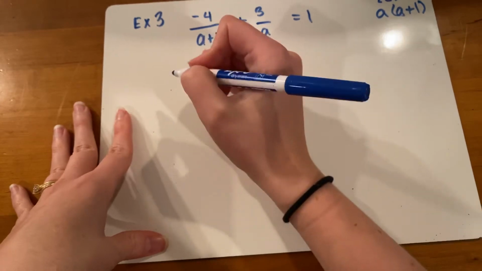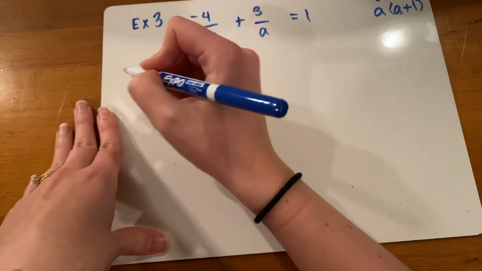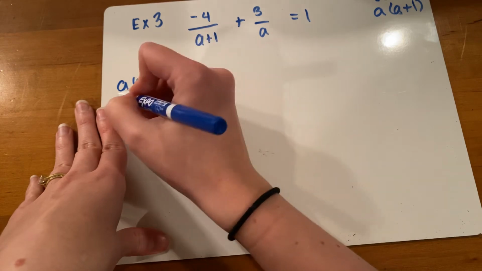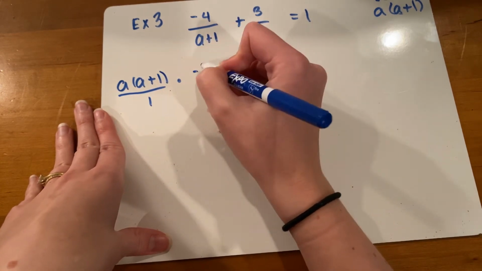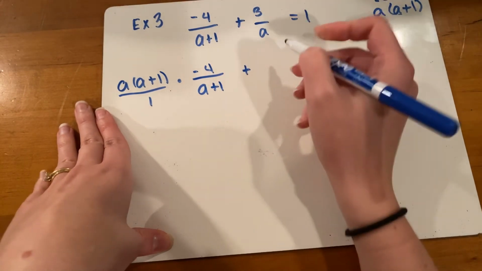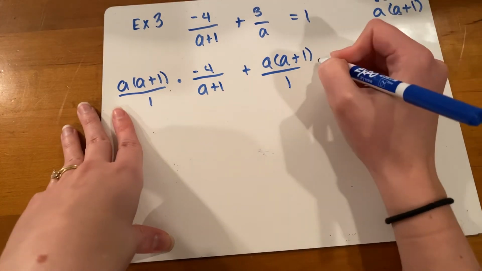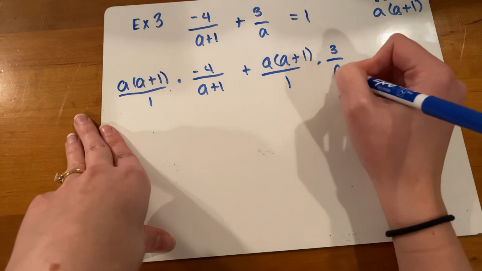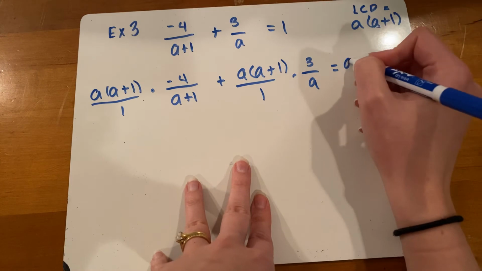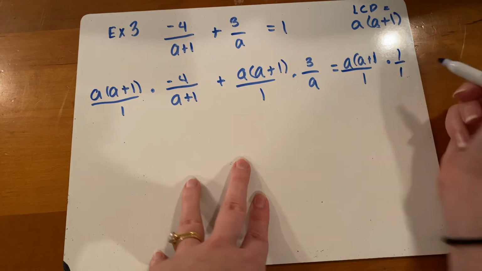So starting here with -4 over a plus 1, I'm going to multiply it by the quantity a times a plus 1, which is all over 1, times -4 over a plus 1, plus, now to my second term, a times a plus 1 over 1 times the term, and again, to whatever it's set equal to, a times a plus 1 over a denominator of 1 times 1 over 1.